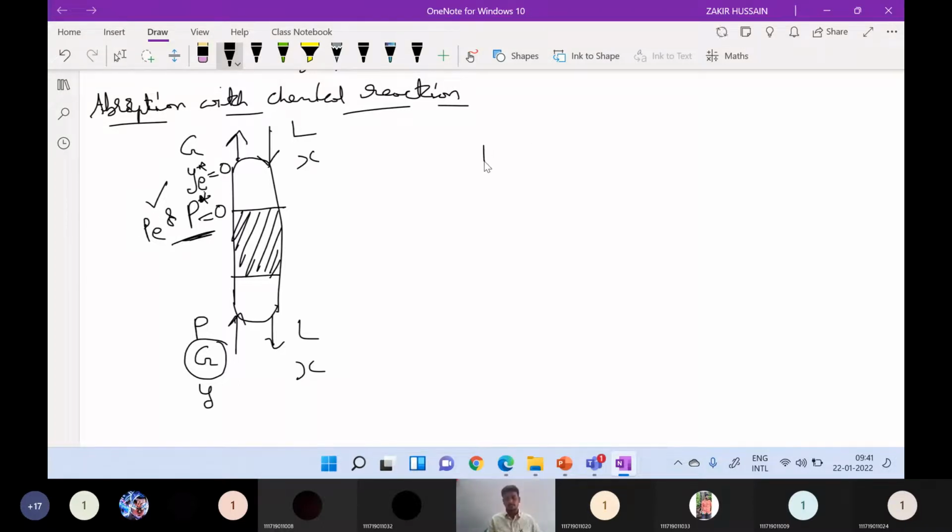Under such conditions, the NTU equation we already know. We have derived it for lean gases as well as rich gases. So NTU is the integral between limits y2 to y1 of dy divided by y minus ye.